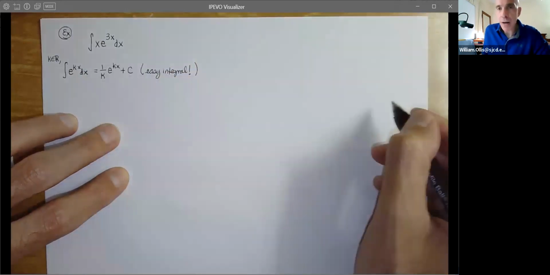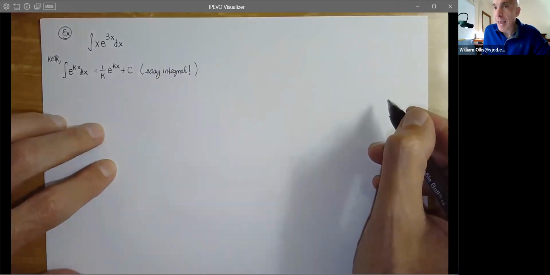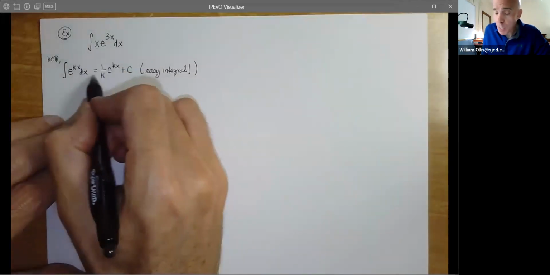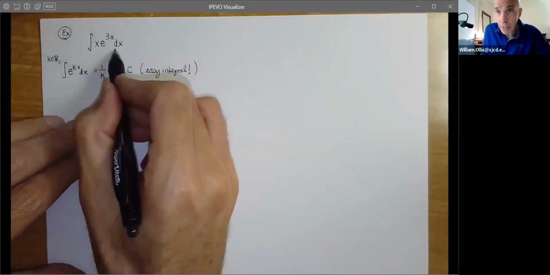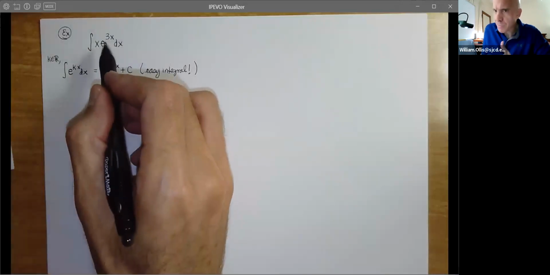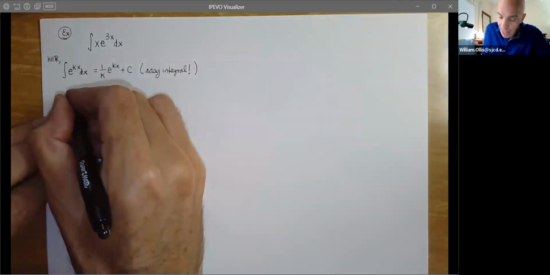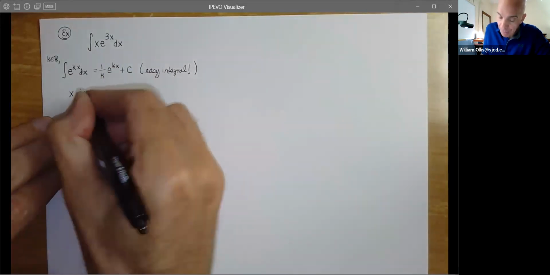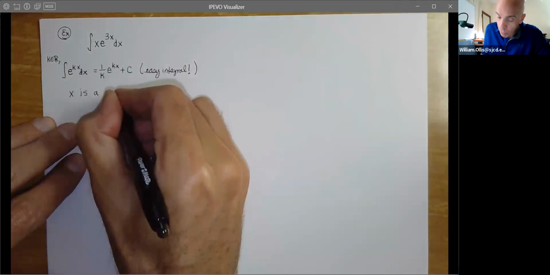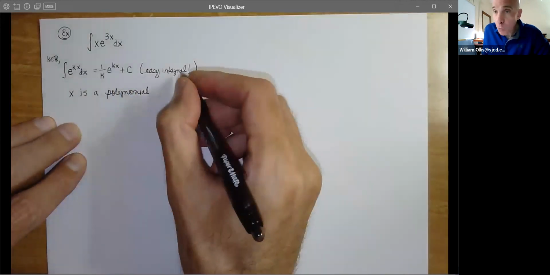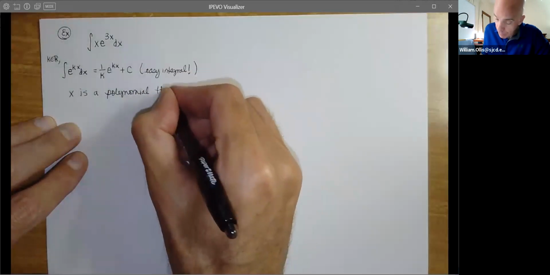I want you to make that observation. Now you're thinking, if we chose this for the dv, this part here, x, taking the derivative of x is very simple. And we're going to note that x is a polynomial that differentiates to 0.